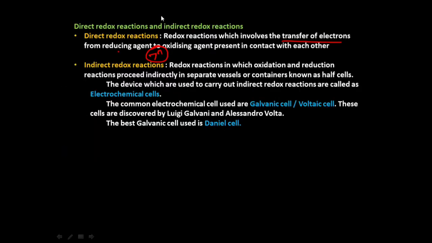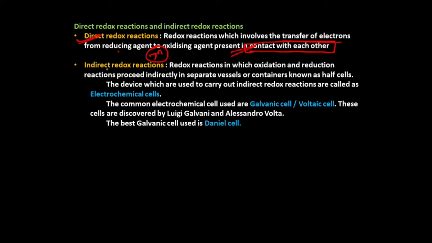So a redox reaction which involves the transfer of electrons from reducing agent to oxidizing agent, which are in contact with each other, because we can see in titration these two reactions are in contact with each other in a conical flask. So that is nothing but a direct redox reaction. Direct redox reaction means the electron transfer occurs due to the contact of both the reactions or both the solutions, I can say.